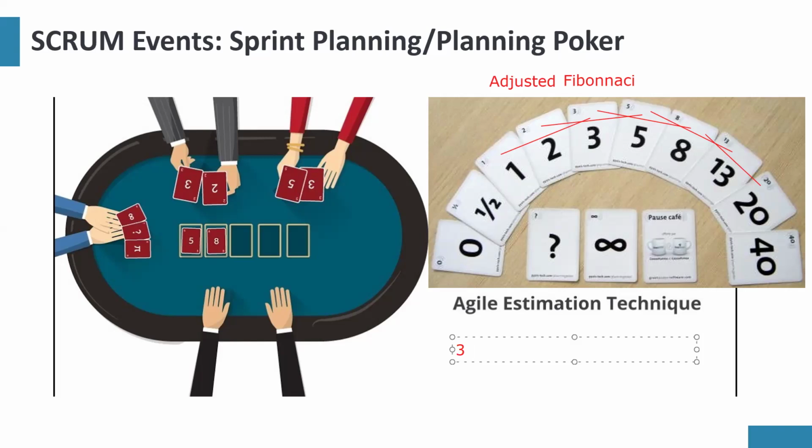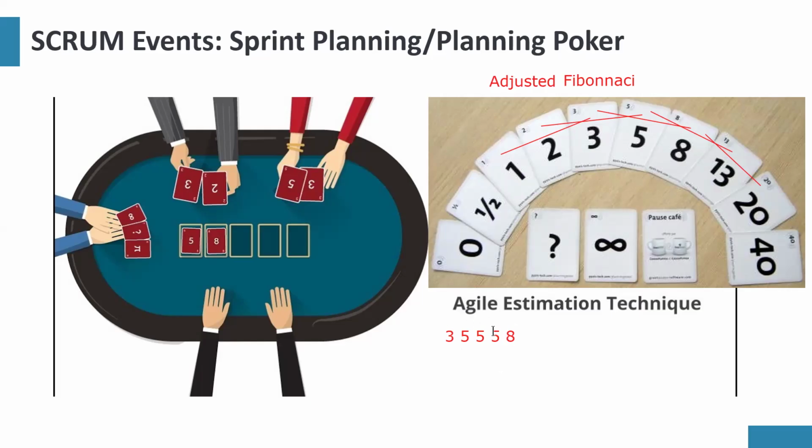When the feature is described, maybe one developer says 3, one says 5, another one says 5, another one says 5, another one says 8. So we've gotten our first estimate. We'll now ask the one that chose 3, why did you choose 3? And the one that chose 8, why did you choose 8?